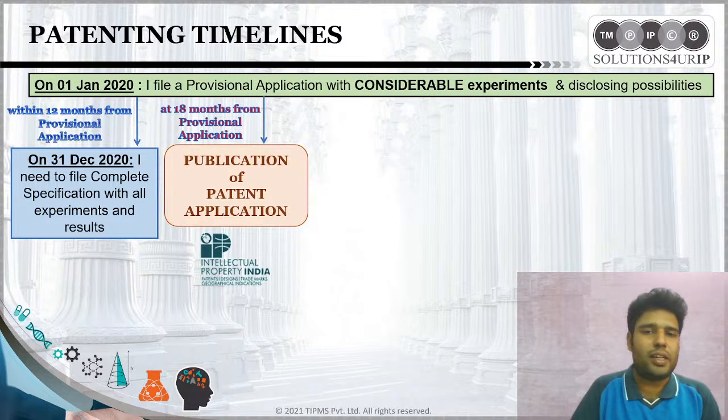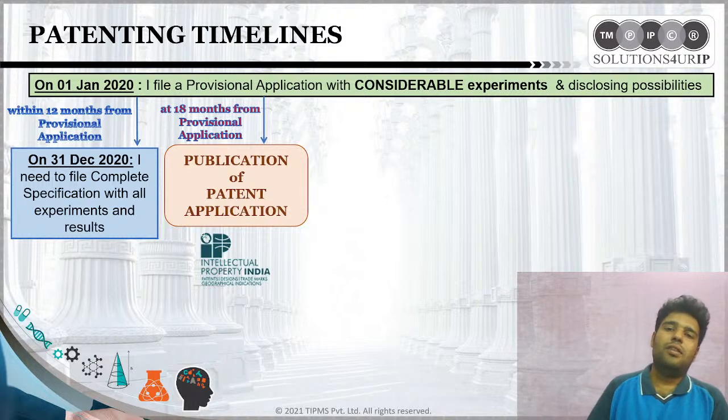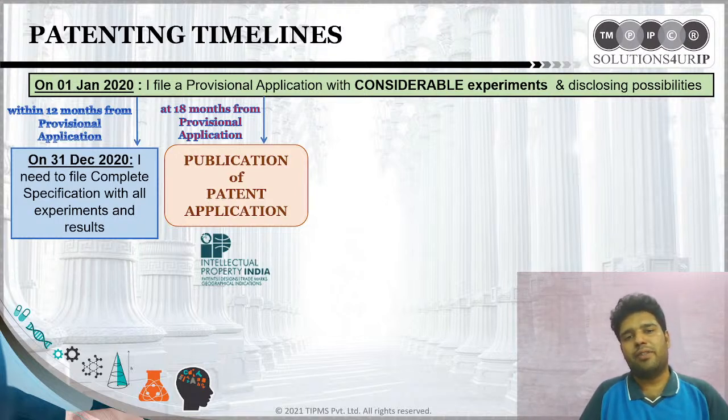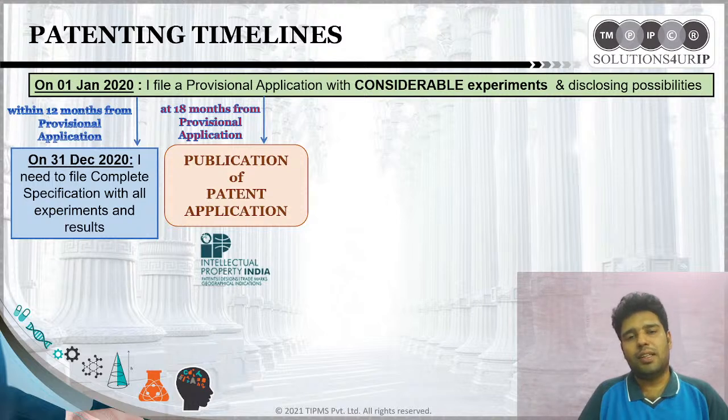Before 18 months you will not get it, but after 18 months the official publication will not contain the entire subject matter or the entire provisional or complete specification as filed with the patent office, but only the abstract and the title of the patent plus the details of Form 1, nothing more than that.